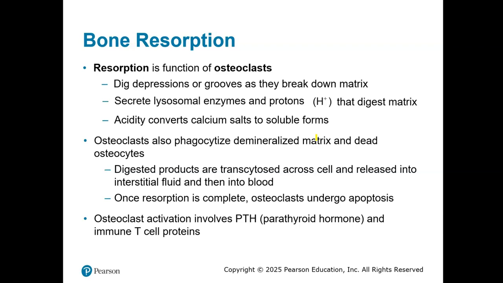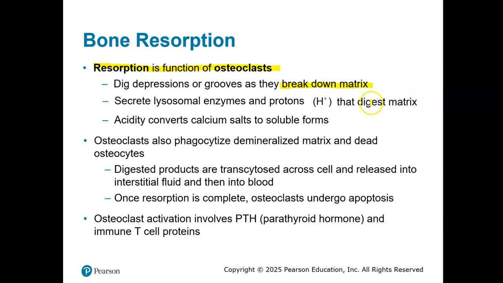Okay. Bone resorption is the function of osteoclasts. So they basically release enzymes that break down bone matrix. They secrete lysosomal enzymes, and they also secrete protons or hydrogen ions.